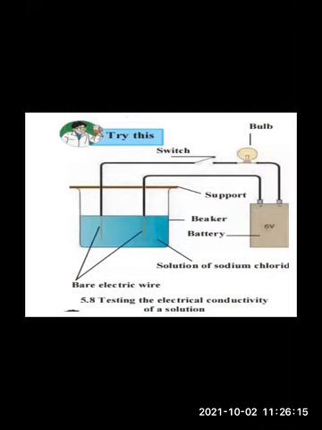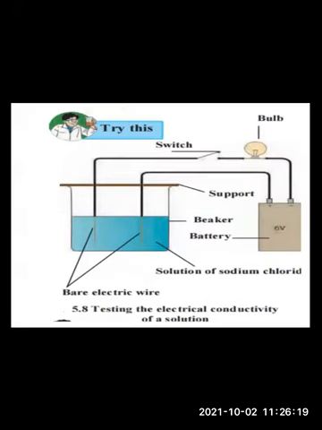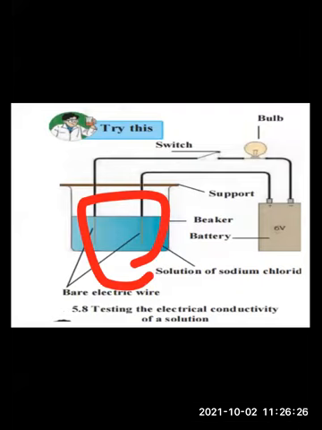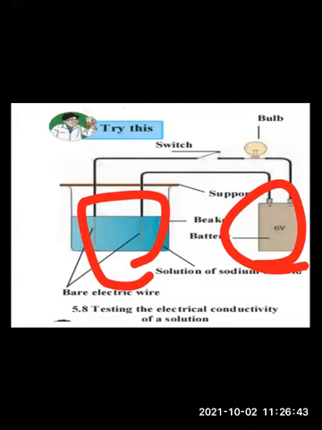You can see the wires in the diagram, students. Then connect 1 wire to the positive terminal of a 6-volt battery. Here you can see the battery. What is the voltage? 6 volt, it is written over there. So you have to connect the wire to the battery.